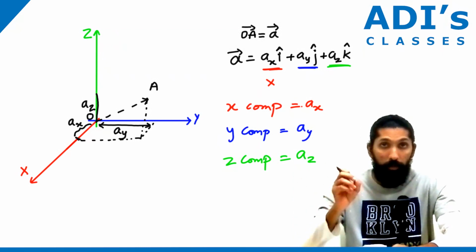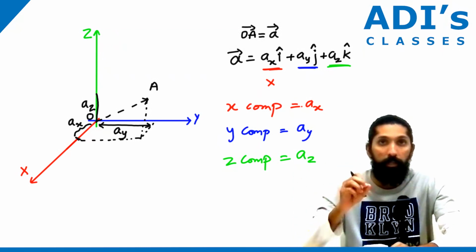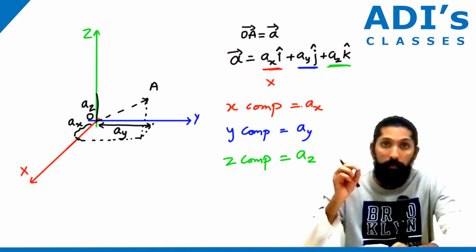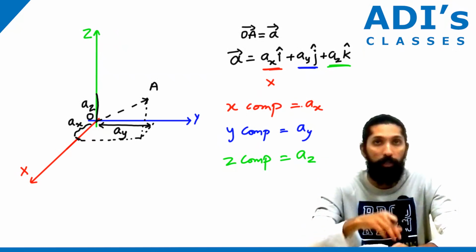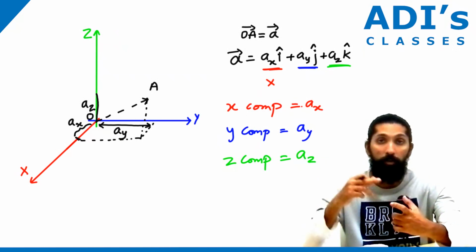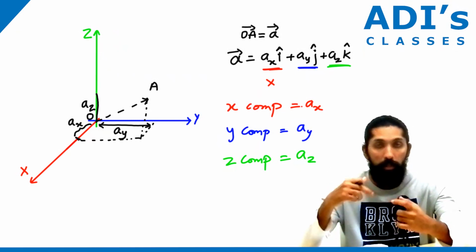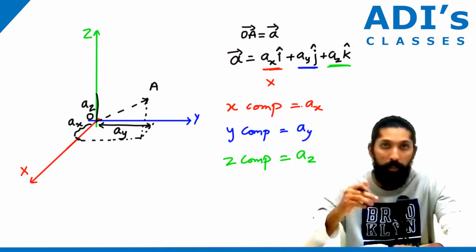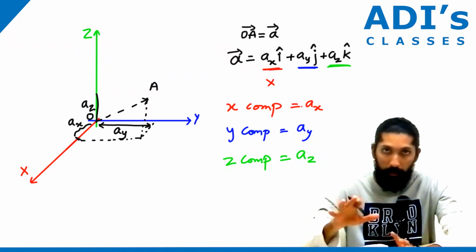Suppose your vector is 3i plus 2j plus 4k. That means along the x-axis we have 3 units, along the y-axis 2 units, and along the z-axis 4 units. Clear?